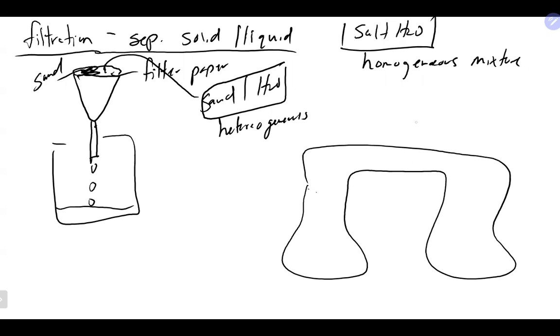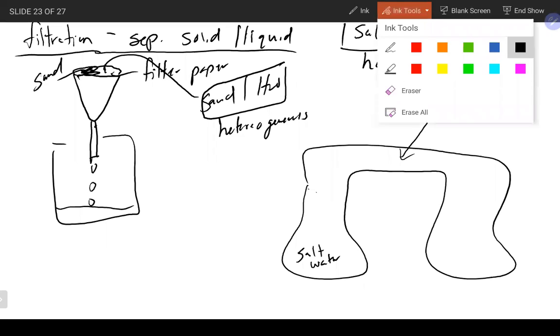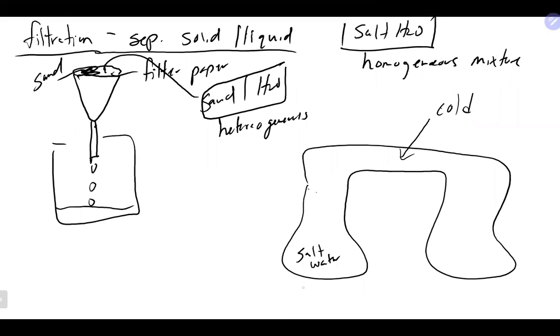You could set up a closed situation, maybe 2 flasks, and you have this tube that connects it and you keep the tube really cold. And you put your salt water here on one side. And if we then decide, well, I'm going to heat this.